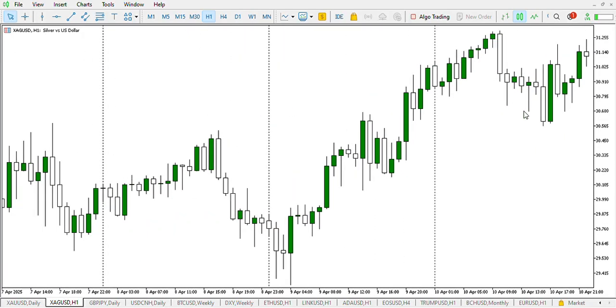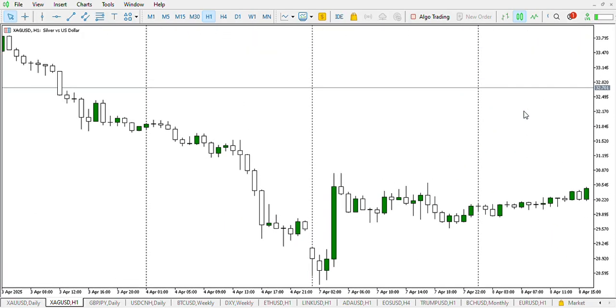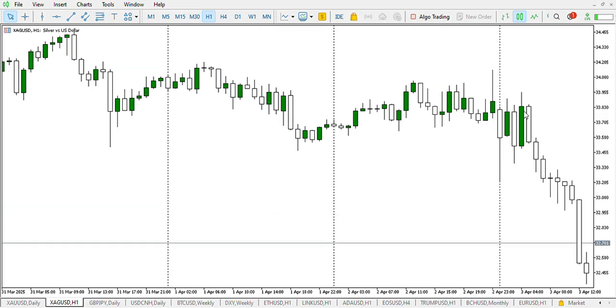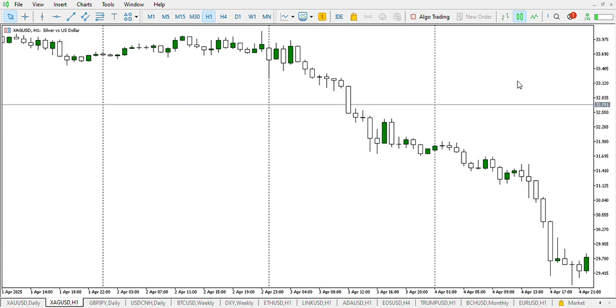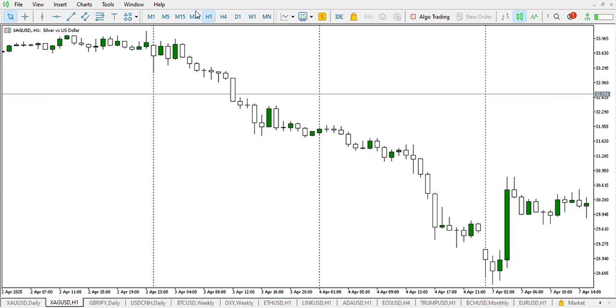Yours is just to follow the rules accordingly. Once you follow the rules, you can see right here we have a bullish candle at the high, and the institutions set their supply. Immediately price broke it, and price started selling down. So that's it on the M30.